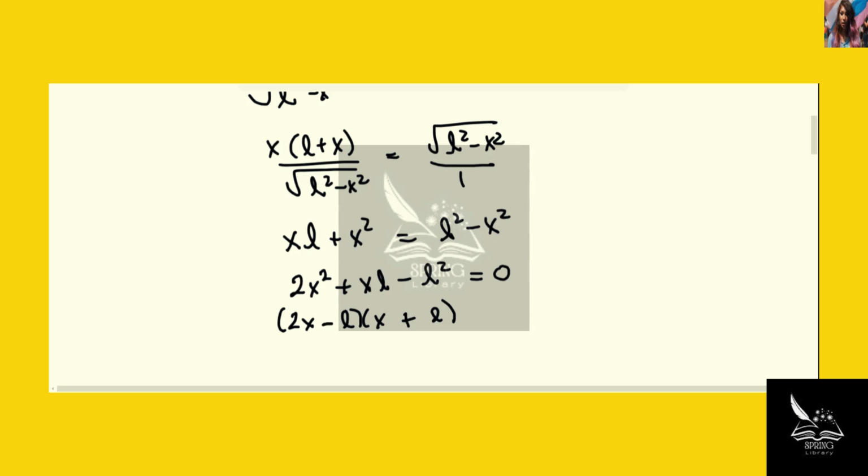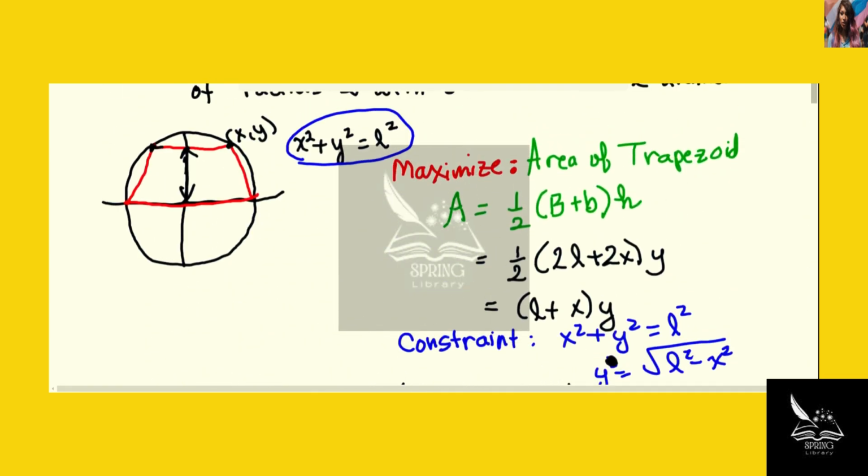How's that look? So that'll give me 2x squared plus 2xL minus xL minus L squared. Yay. So 2x equals L, x equals L over 2, or x equals minus L. Okay, that can't happen because this is a real live thing. So x equals L over 2.